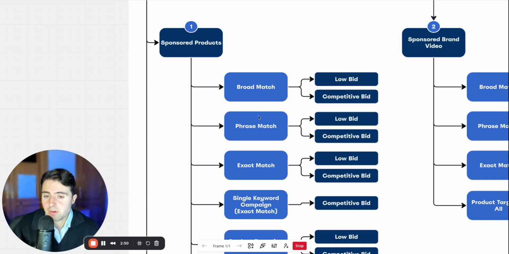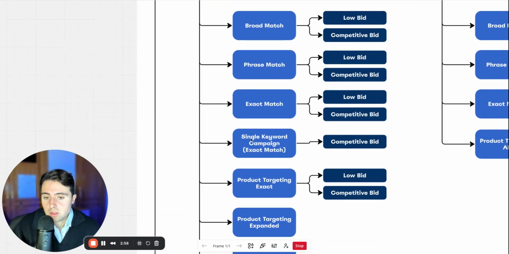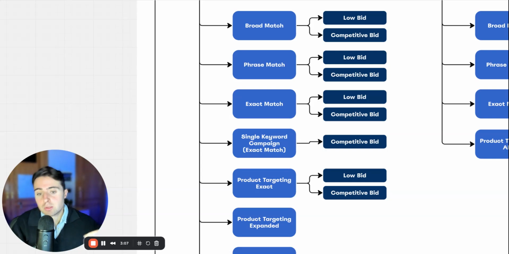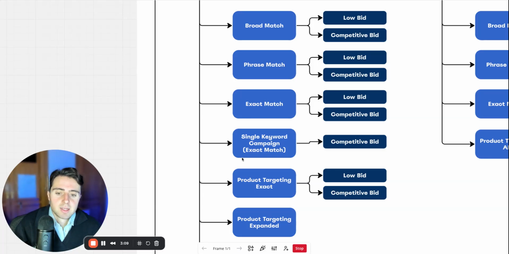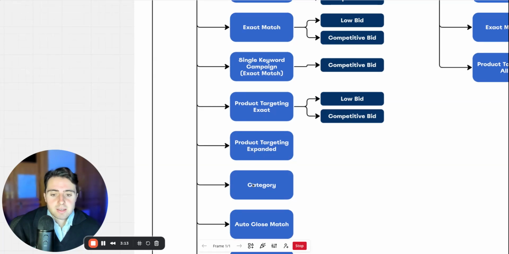But we would go with a broad match. They discover, they rank. With a phrase match, they discover, they rank. Exact match, again, this is multiple targets. Then we would go with a single keyword campaign on exact match to really target those specific keywords we really want to build sales velocity on and rank. Then product targeting, expanded, category.